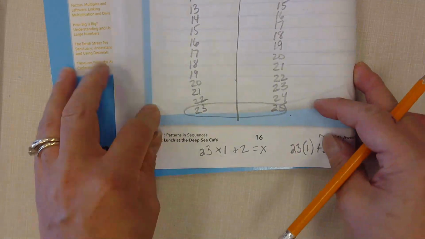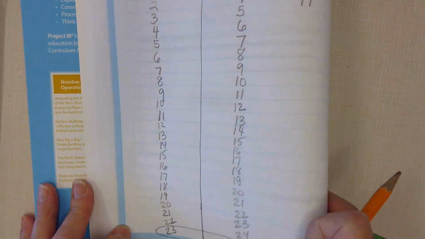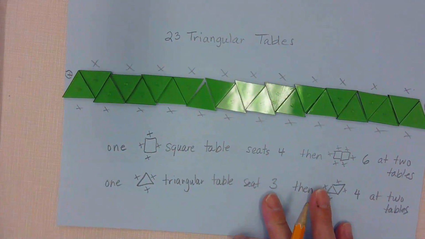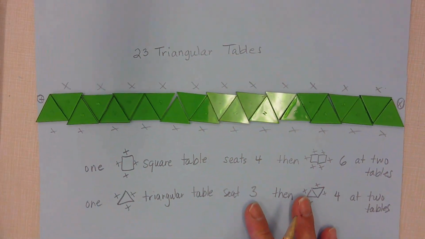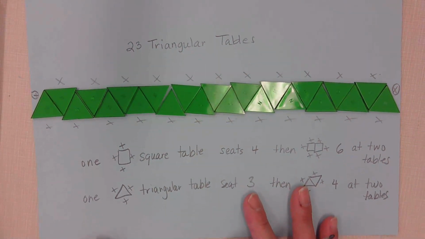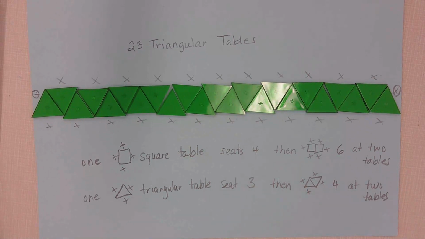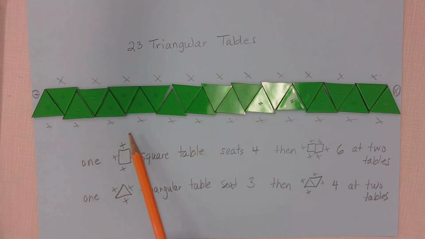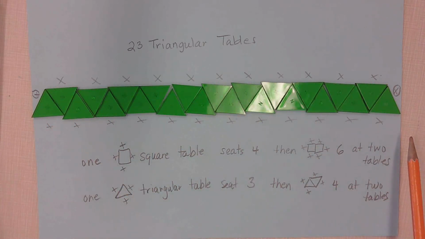Now, for the purpose of a demonstration, I'm going to show you how I actually put together the 23 triangular tables to sort of prove that. And we're going to look at the difference between the triangular table and the square table. Okay, so there's your x's going all the way across, and your x's going down here, because you're only able to seat 2 fish at each table when you put them together.